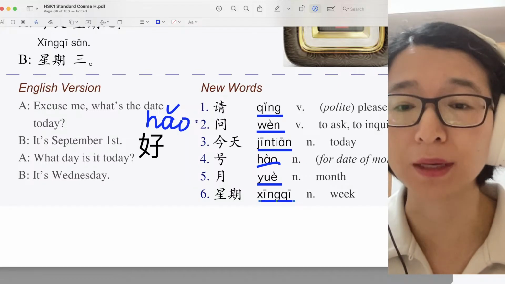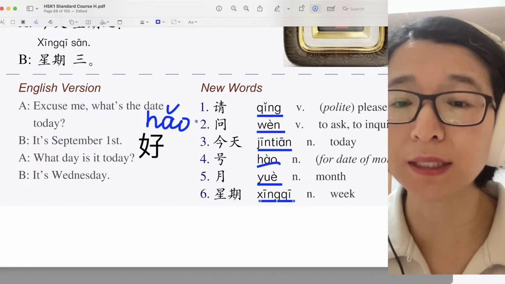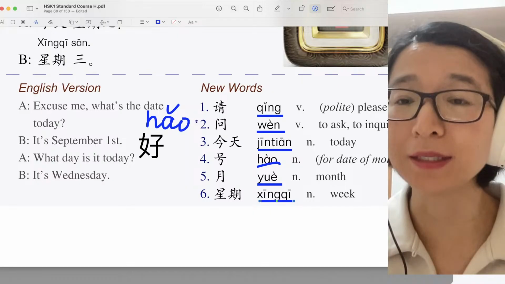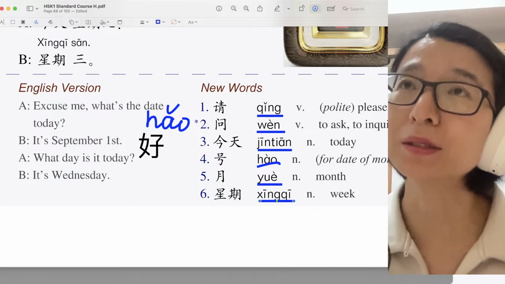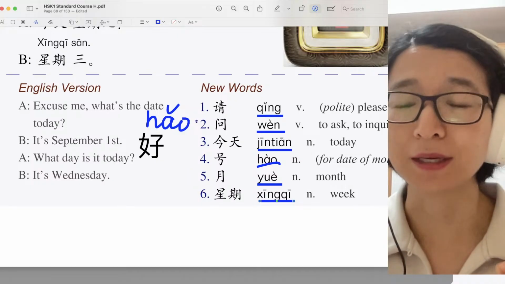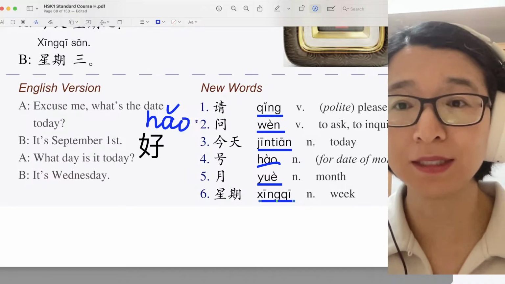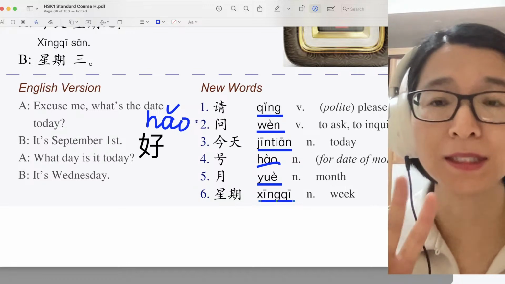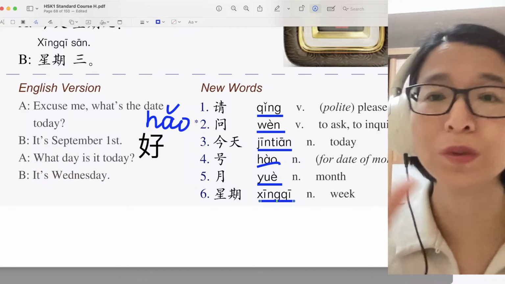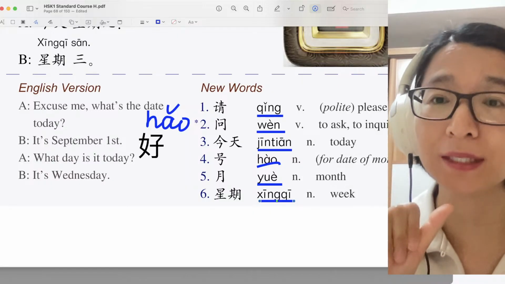For example, Monday, we just say 星期一. Tuesday, 星期二. Now let's say Monday to Sunday together. 星期一, 星期二, 星期三, 星期四, 星期五, 星期六, 星期.